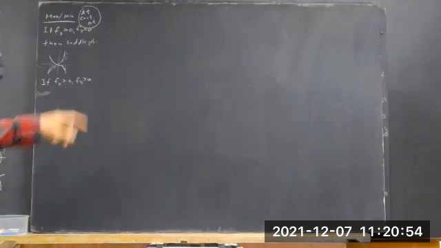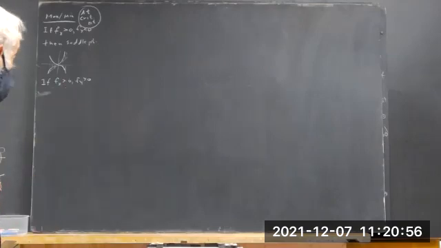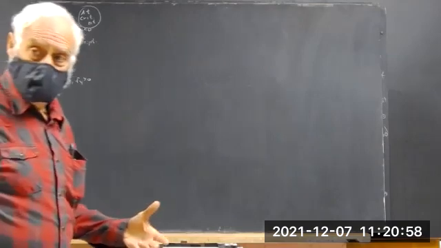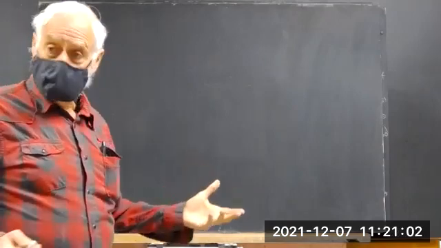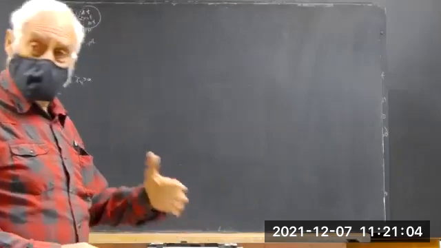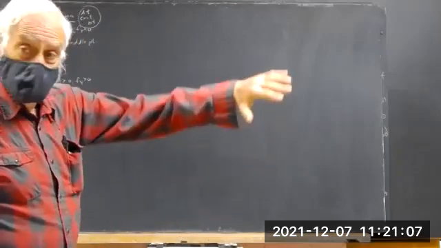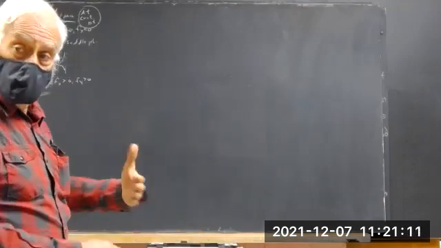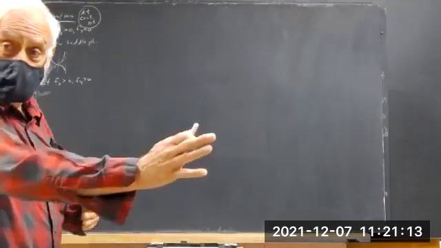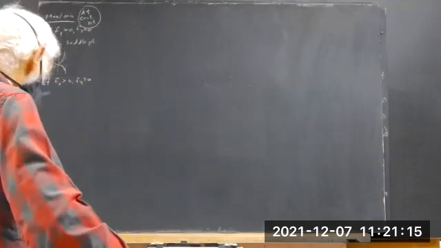Now, if fx and fy are both greater than zero, you could still have a saddle point. You're here, it's like this. If you go forward, it's like this. If you go that way, it goes down.